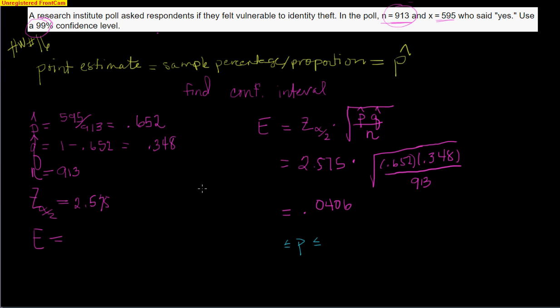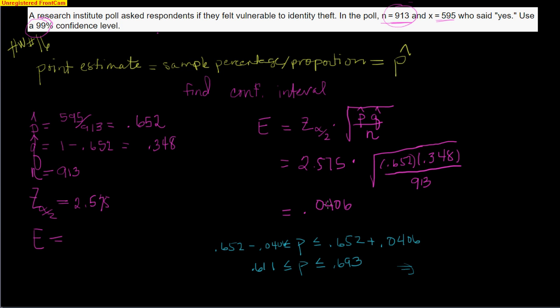So in the end, our true percentage of people who feel vulnerable to identity theft is going to lie between the p hat, our sample probability, 0.652, plus this error of 0.0406, just about 4%, and 0.652 minus that 4%. So the true percentage lies between 0.611 and 0.693.